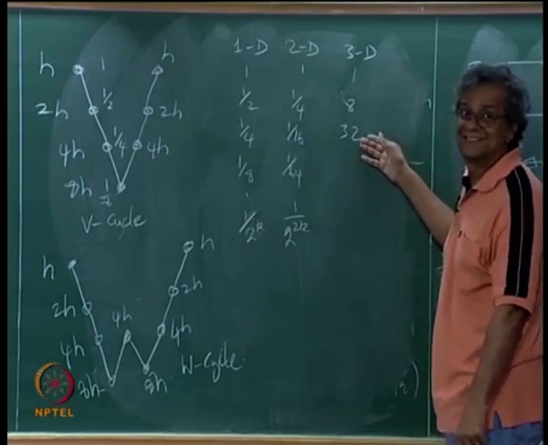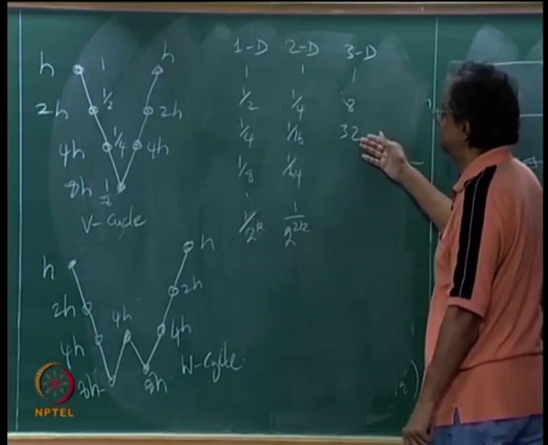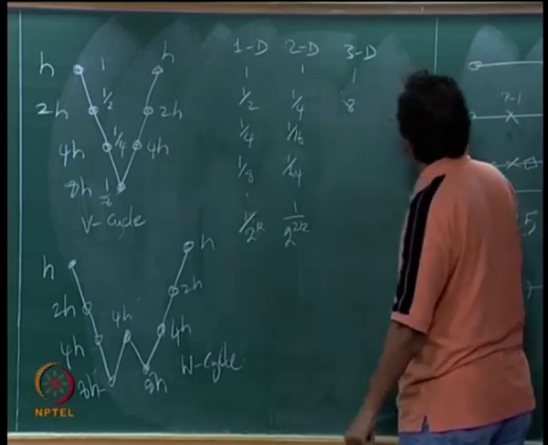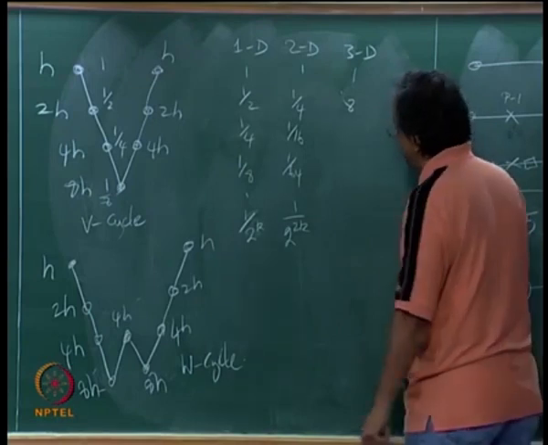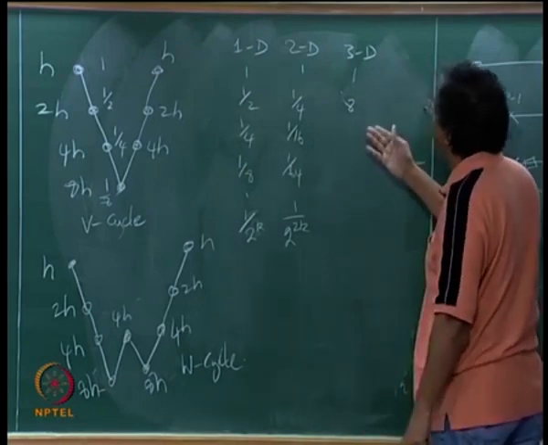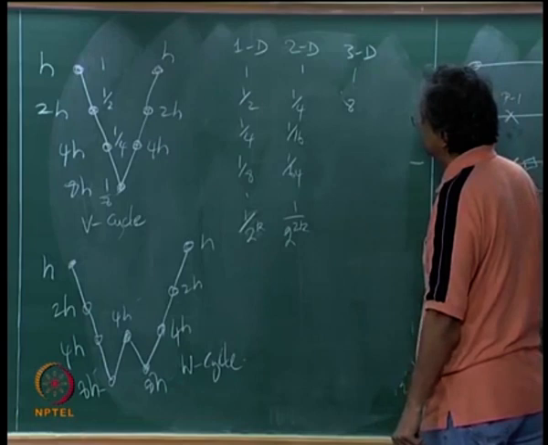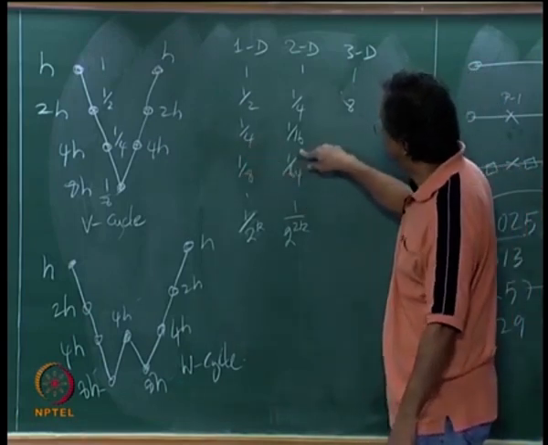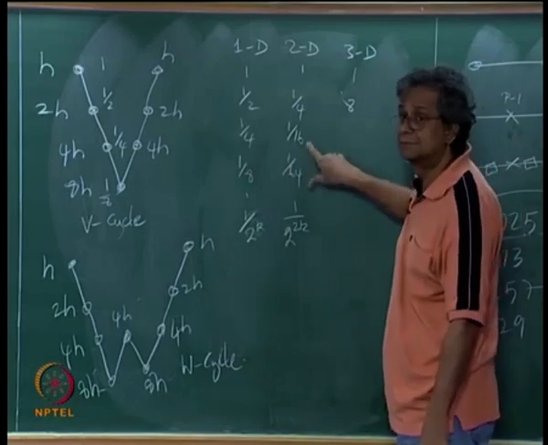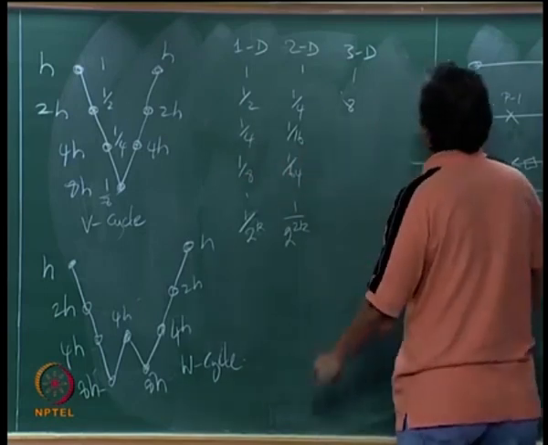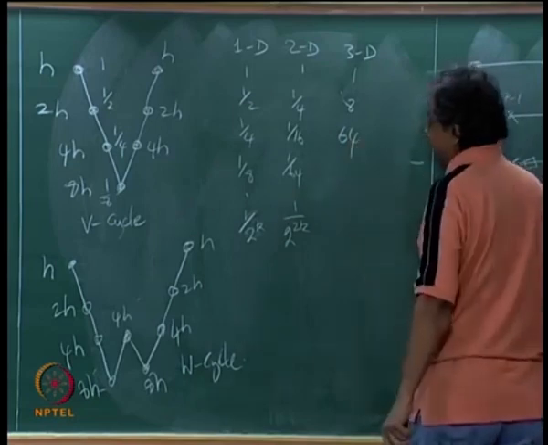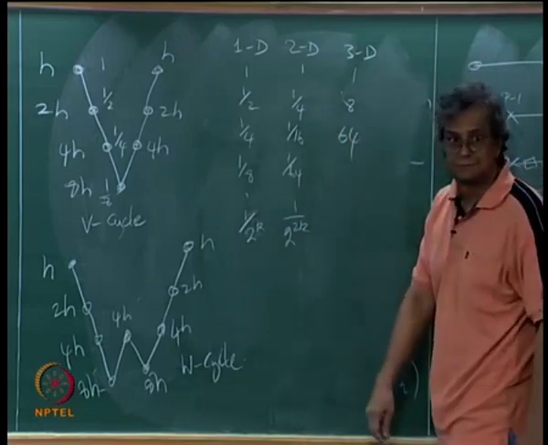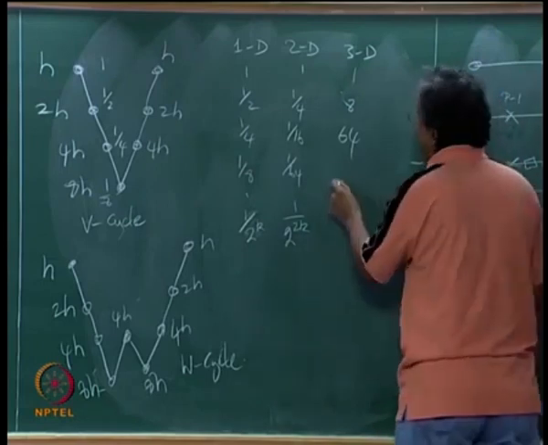128, 64, 2 power 2, 2 power 4, 2 power 6, 64. So this is going to give me 2 power 8, 256.